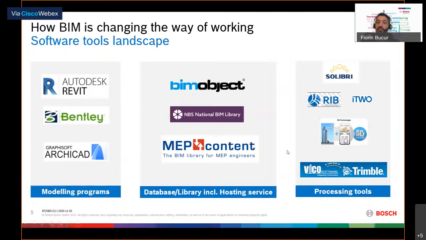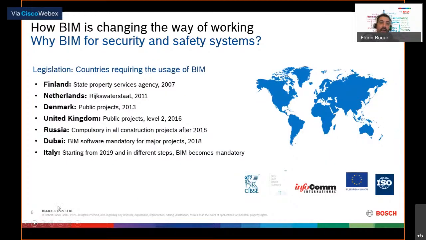And we have processing tools, the third category of software, which are quite many on the market and help us with different tasks, like collision detection inside the model or other specific tasks.